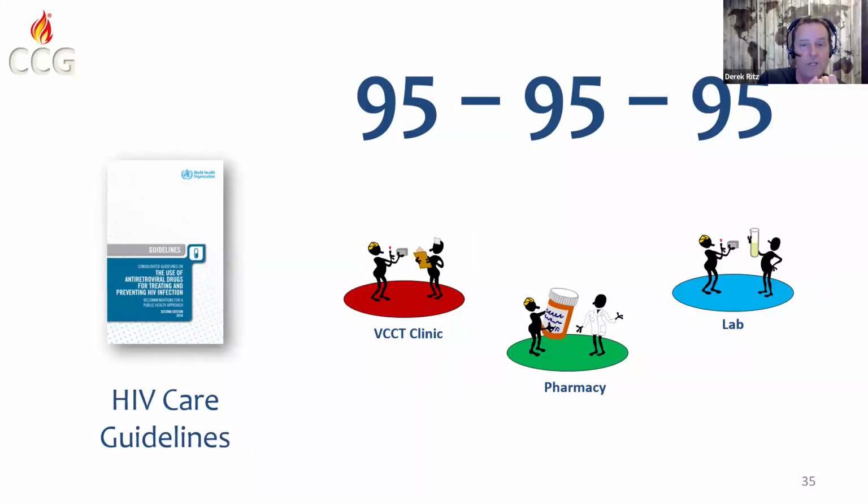And of those that know their status, we want 95% of them to be on antiretroviral medicines. And of those that are on antiretroviral medicines, we want 95% of them to be virally suppressed. And we can tell that from their every 6 months viral load lab tests.